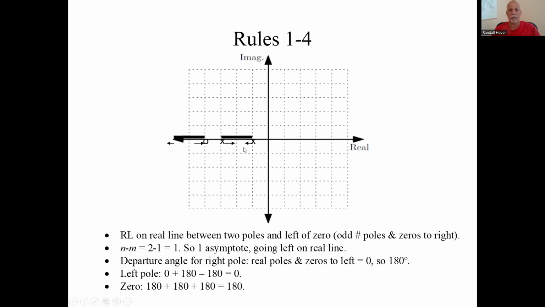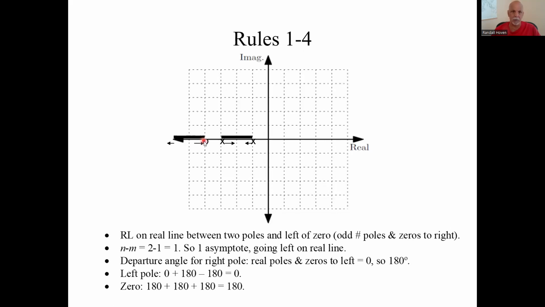And if you did departure angles, these are all on the real axis. I won't go through these calculations because we did that kind of stuff before, but it's going to go out of this pole strictly left, out of this pole strictly right, into this zero from the left. This would be, by the way, an arrival angle of 180 degrees.